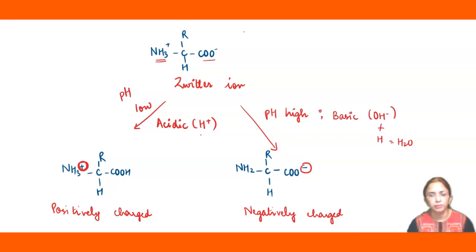So NH3 plus will remain, and as a result, the charge on the amino acid will be positive. Whereas in basic conditions, the H will come from NH3 plus. It will unite with the OH to form H2O, and COO minus will stay as such. So COO has a negative charge, thus the overall charge on the amino acid will become negative.